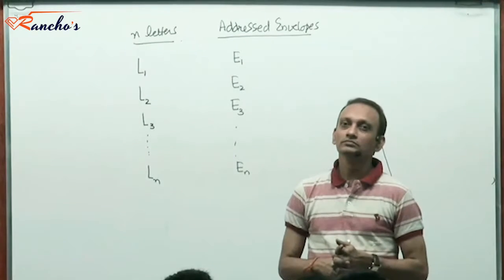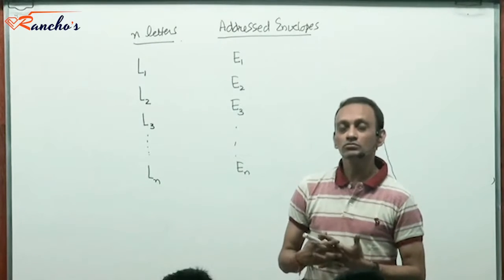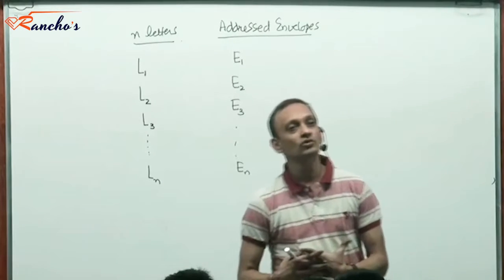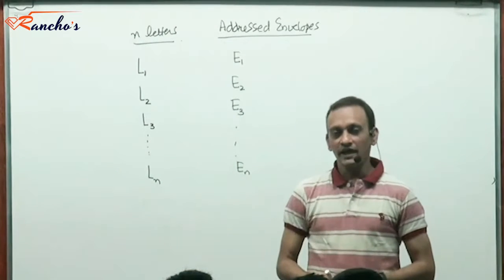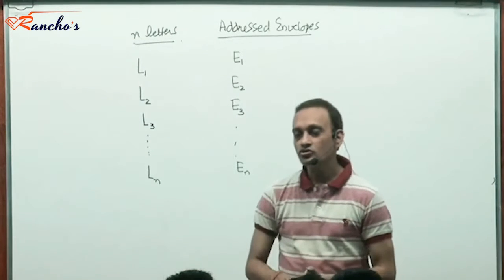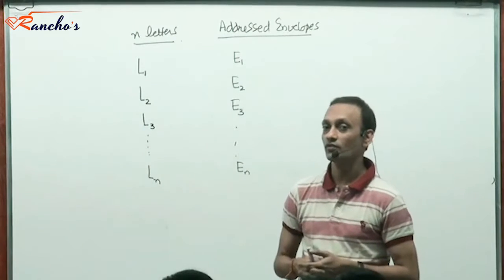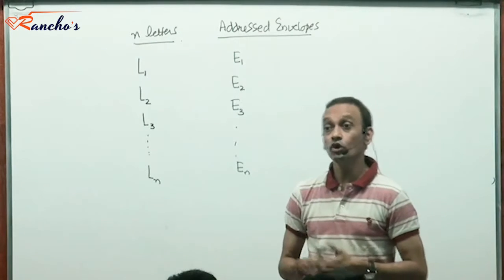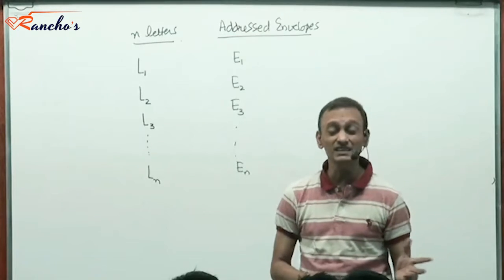Now I want to figure out, so there is this devil who wants to cause havoc here, and he says, I'll make sure that no letter goes into the right envelope. No letter going into the right envelope. L1 would go into E3, for example.